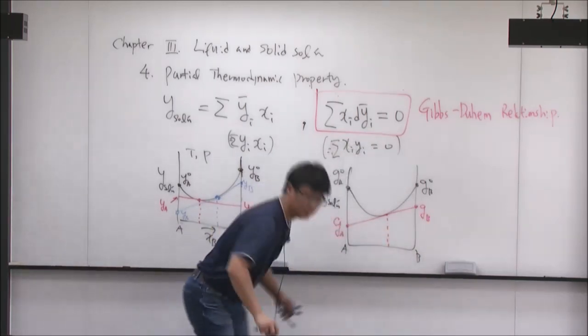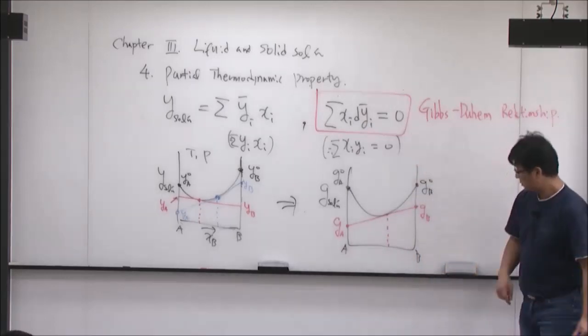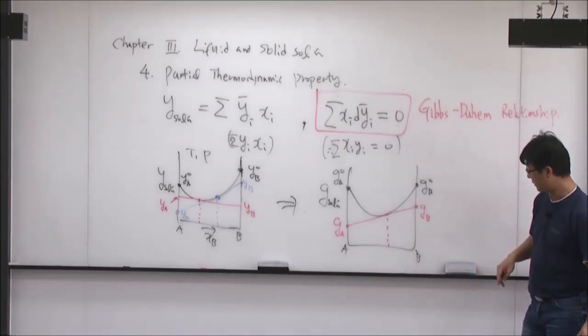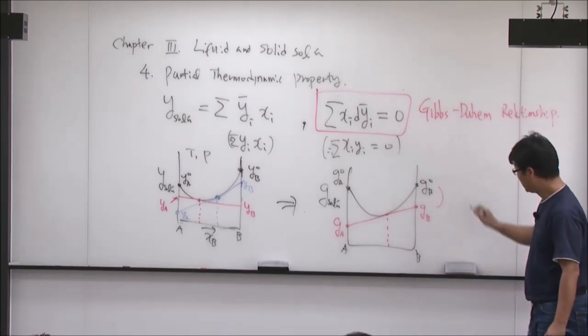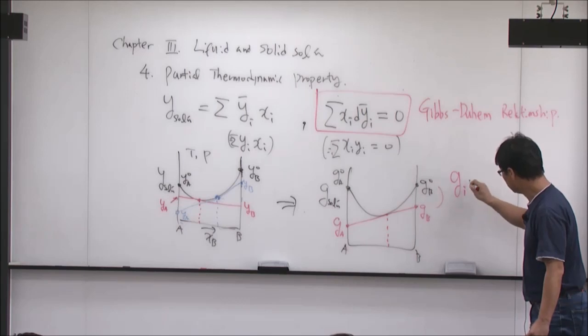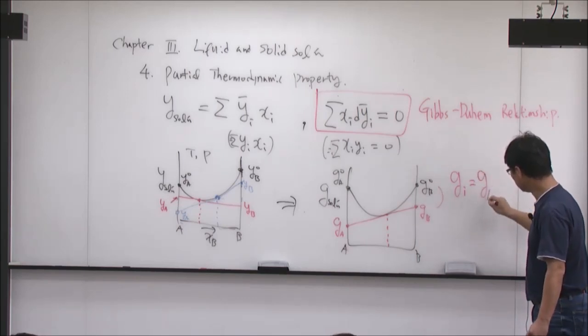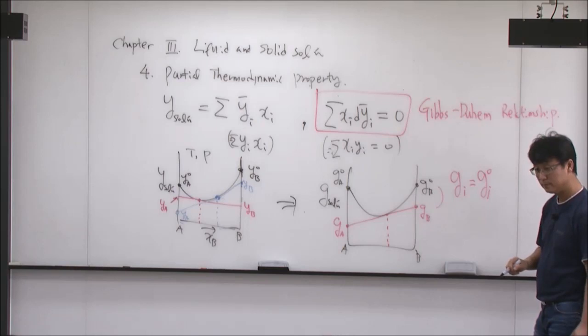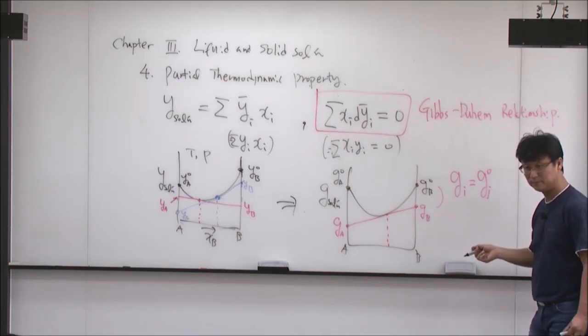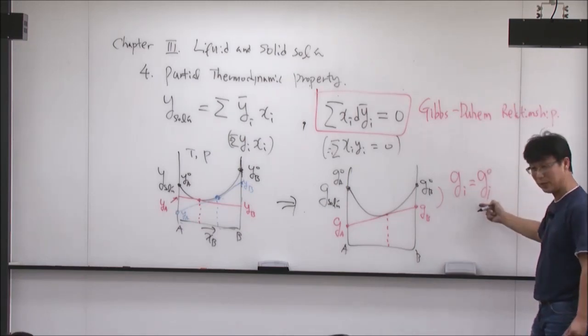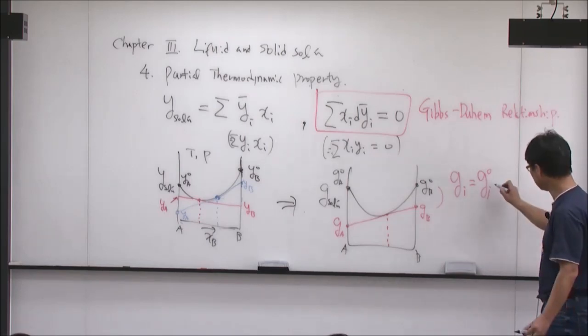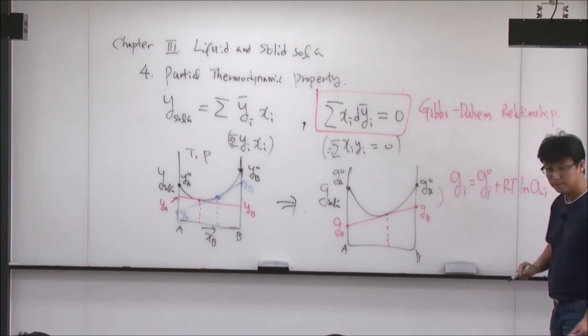I explained this last time, but I want to repeat it one more time. In thermodynamics, we say the partial Gibbs energy of i equals the Gibbs energy of pure i plus a correction term. So the Gibbs energy of i in the solution is the pure Gibbs energy of i plus a correction term from the surroundings in the solution, that is RT ln activity of i.